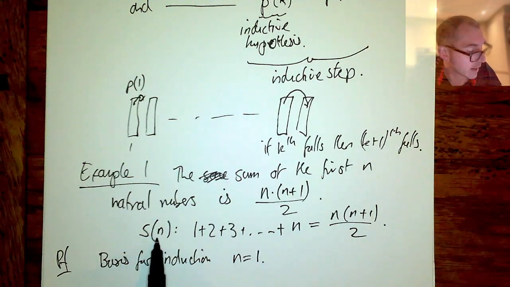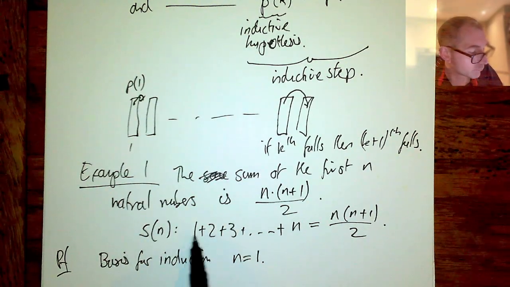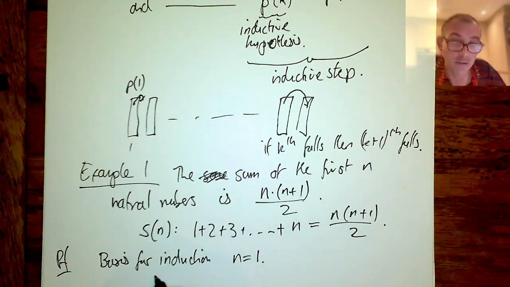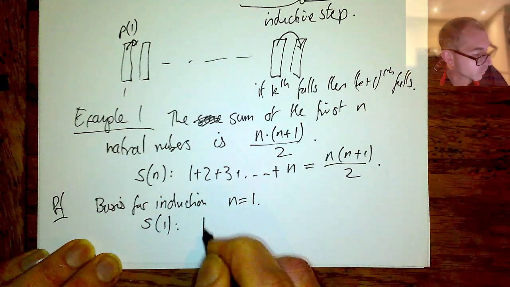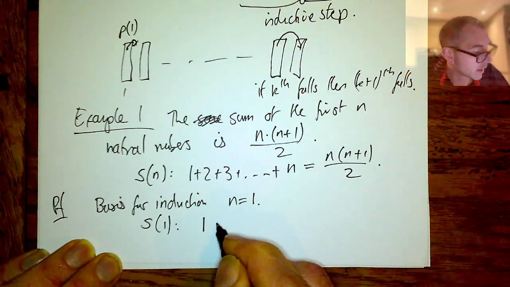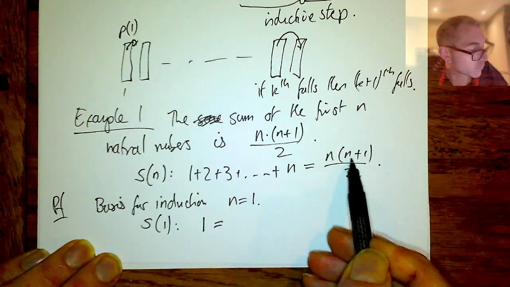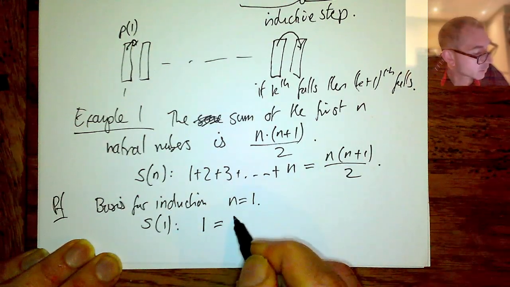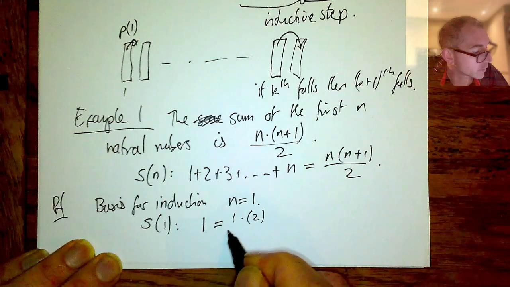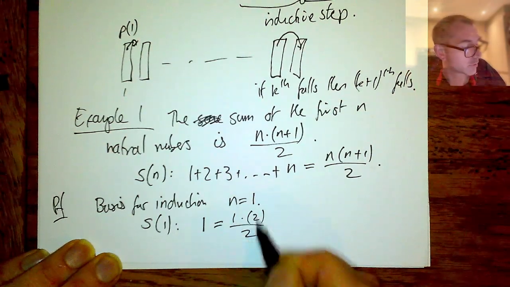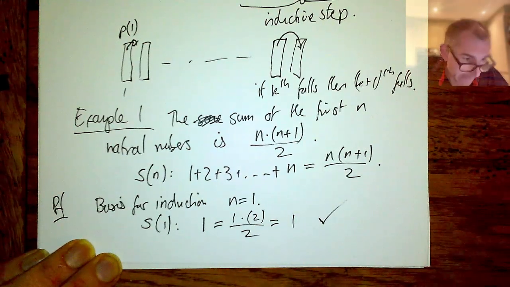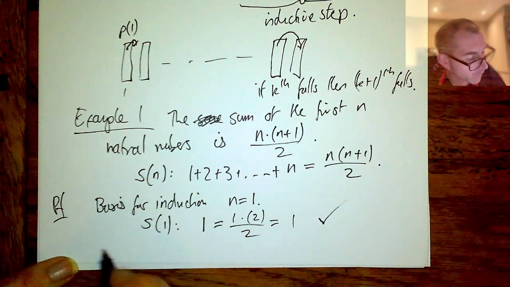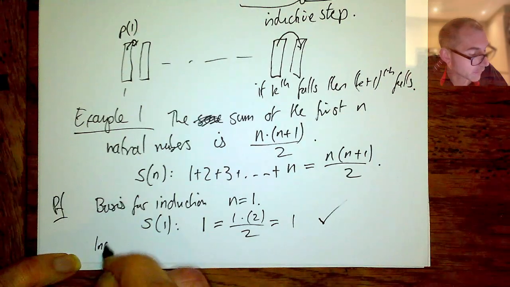This says that S of 1 is just the only thing that I get on the left hand side, which is 1, equals what happens when I plug in 1 into the right hand side. Well, I get 1 times 2 divided by 2. But 2 divided by 2 is just 1. Correct. Good.